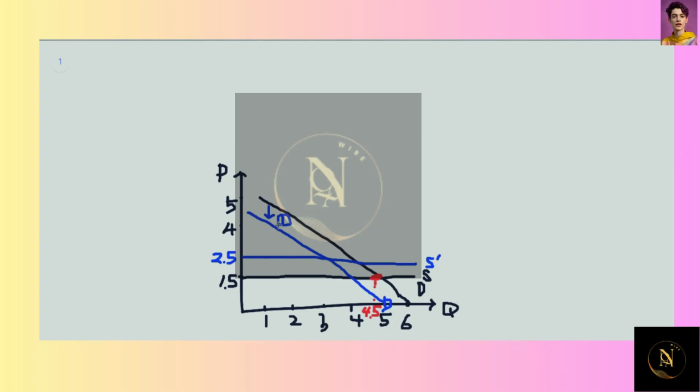So if we look at the new demand curve, let's call it D prime, with the original supply curve, the consumer surplus is now this triangle.